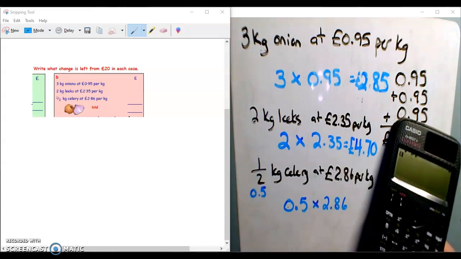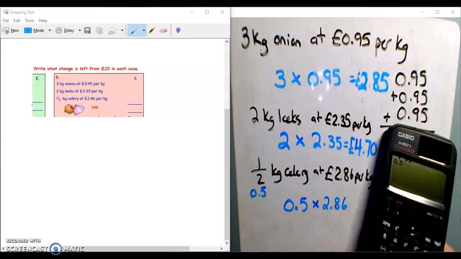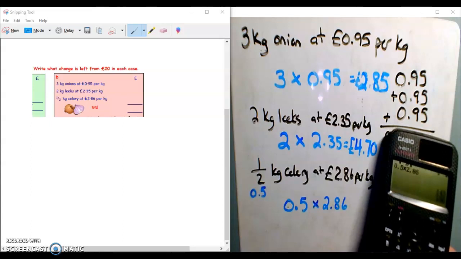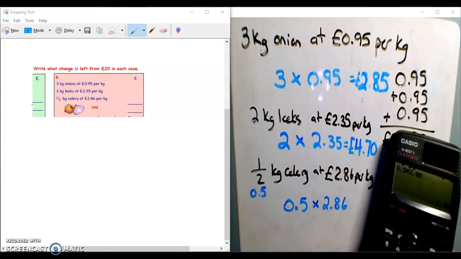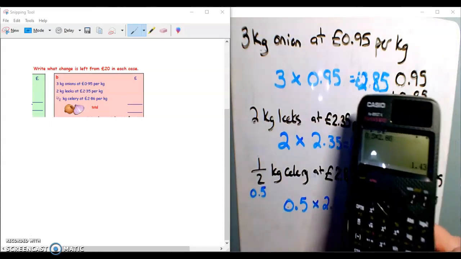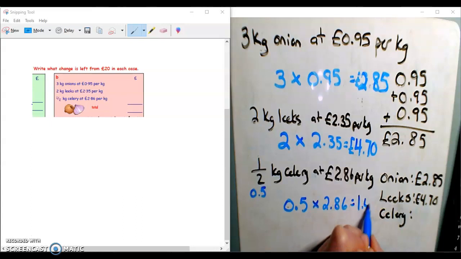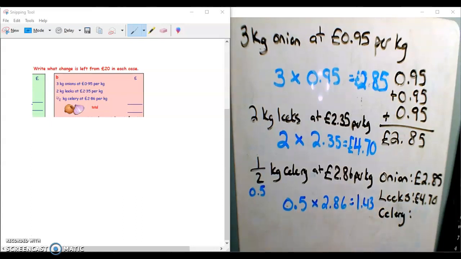Let's check this in our calculator. We're going to go 0.5 times £2.86, and we are going to get 1.43. So that will cost me £1.43. So my celery will only cost £1.43.